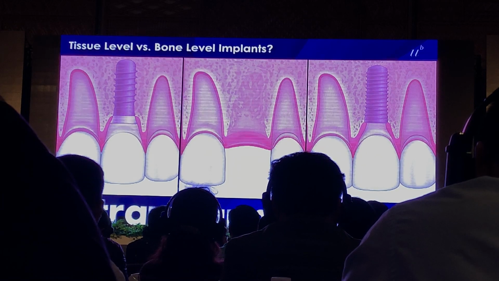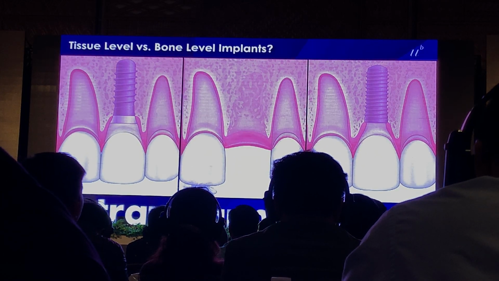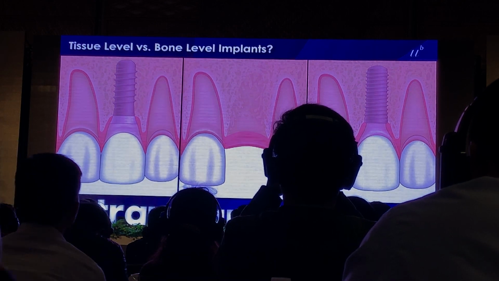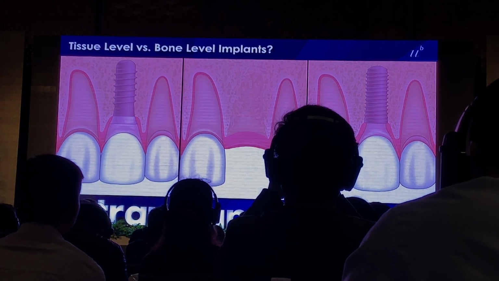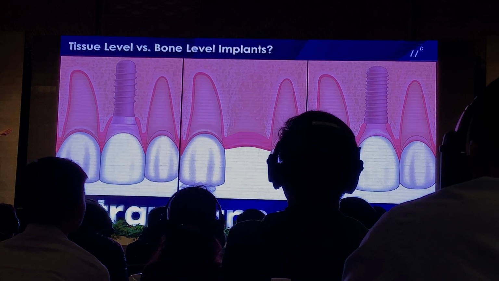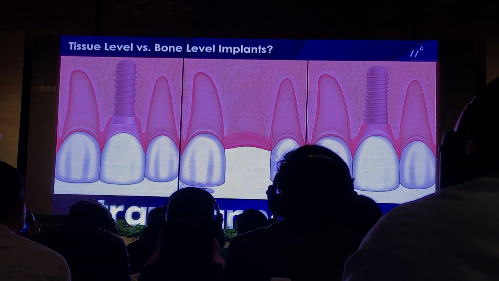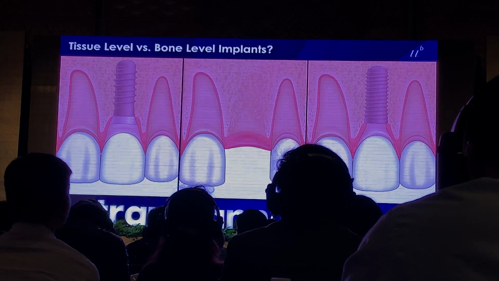So when we compare them in a single tooth situation, tissue level, bone level, you see here when you have a single tooth gap, and that is the topic tomorrow, then on one side is the tissue level implant, on the other side is the bone level implant.